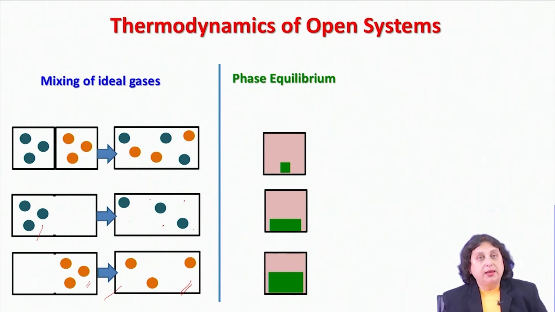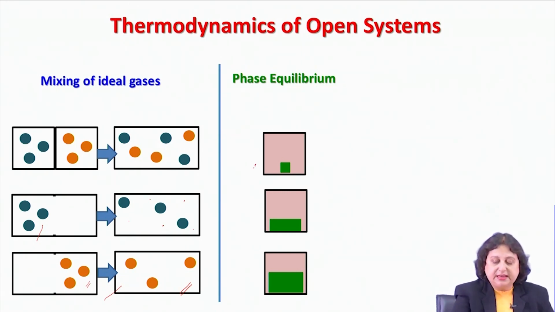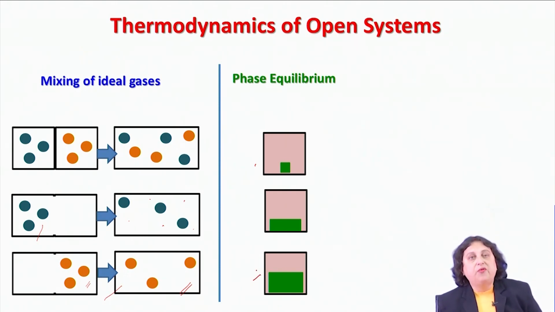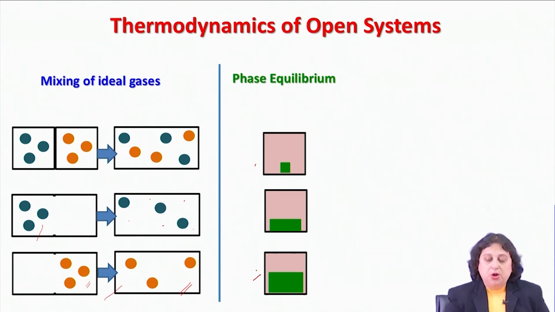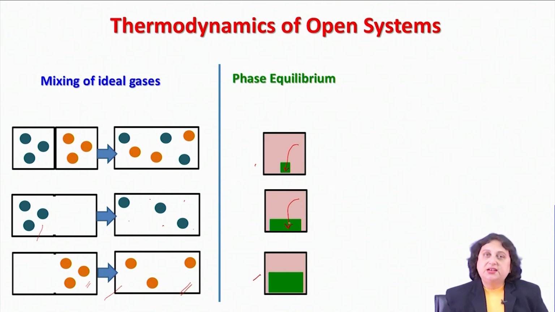Now, if I am studying this coexistence of liquid and the gas phases, in that case you understand that in going from this state to this state, I need to supply the latent heat of vaporization, and then what I will have is more and more matter will be transferred from the liquid phase to the gas phase, thereby increasing the volume of the gas phase and decreasing the volume of the liquid phase.